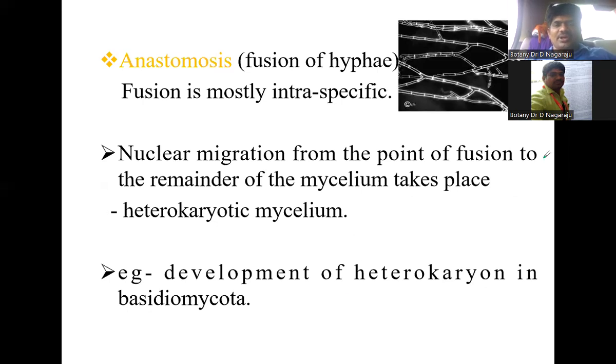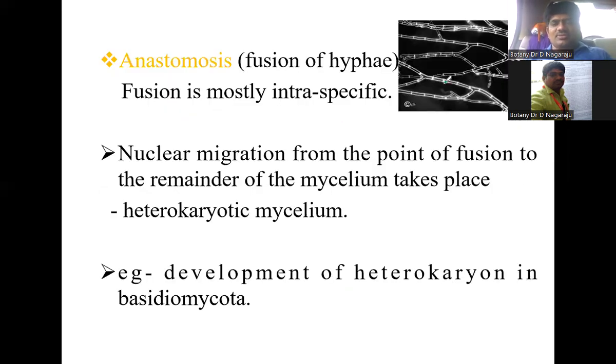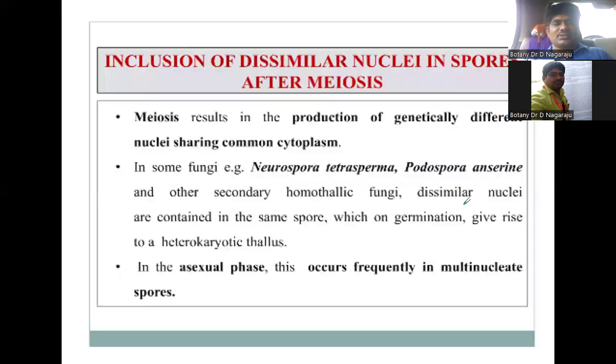See how the fusion of hyphae, dikaryotization, and secondary mycelium formation happen, especially in the Basidiomycetes, by clamp connections, like an outer ring road, bridge formation. These form a bridge, the clamp connection, exchanging the nucleus from one cell to another instead of going directly. And there is inclusion of dissimilar nuclei in spores after meiosis. What happens after meiosis in the two different nuclei?